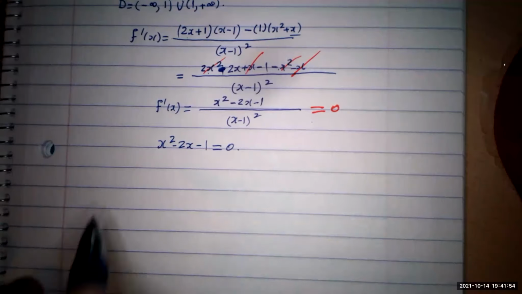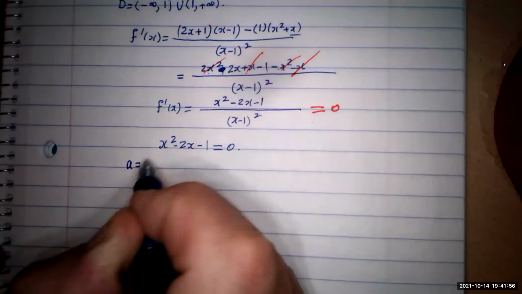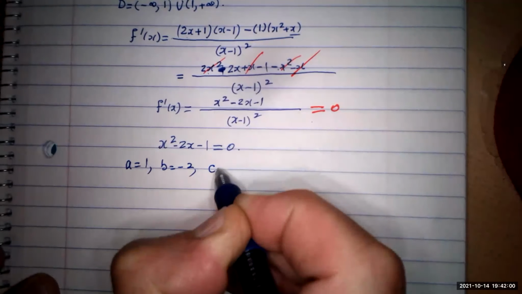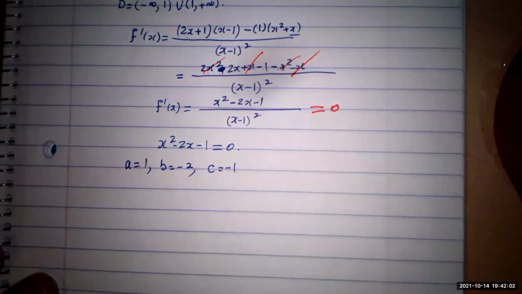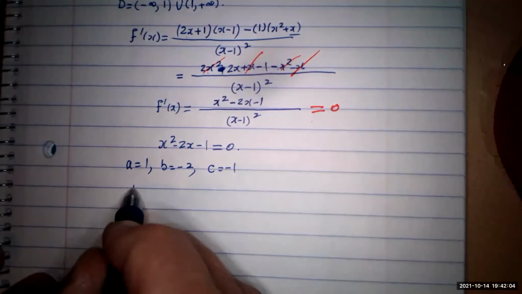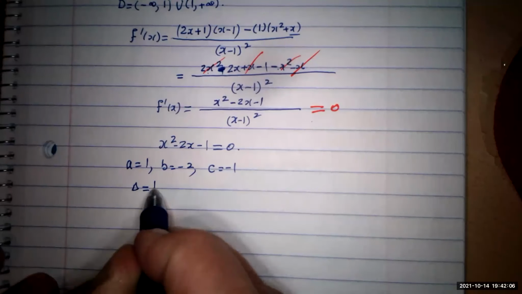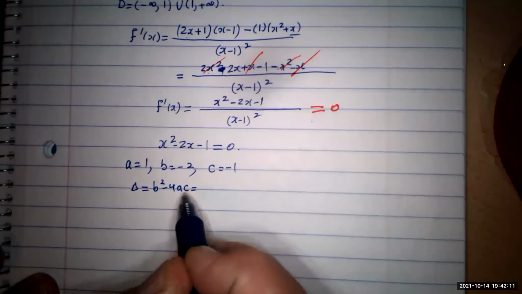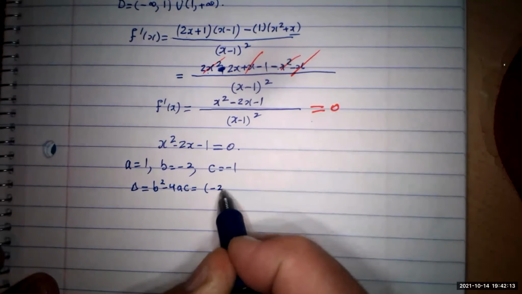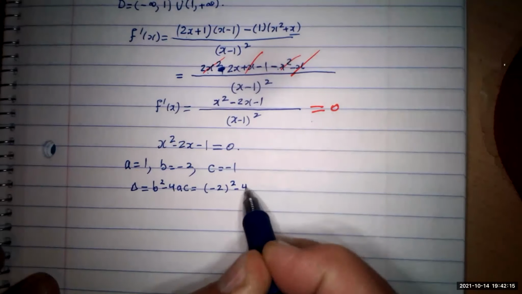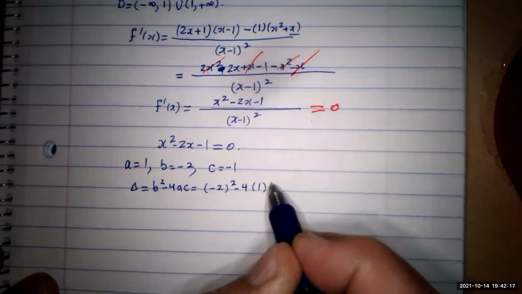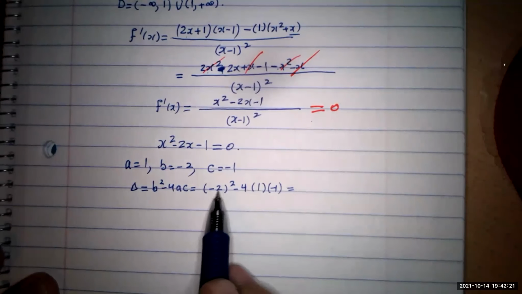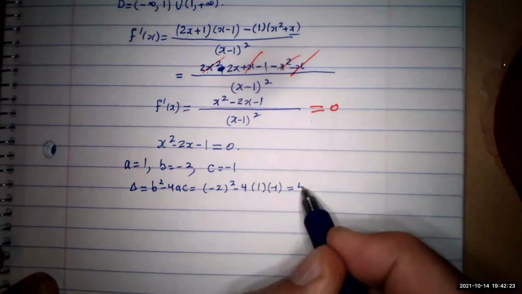So I use the quadratic formula. A is equal to 1, B is equal to -2, and C is equal to -1. I check to see if I have any solution. So I use the discriminant, delta equals b squared minus 4AC. So that gives me -2 squared minus 4 times A times C, 1 times -1. So -2 squared would be a positive 4.